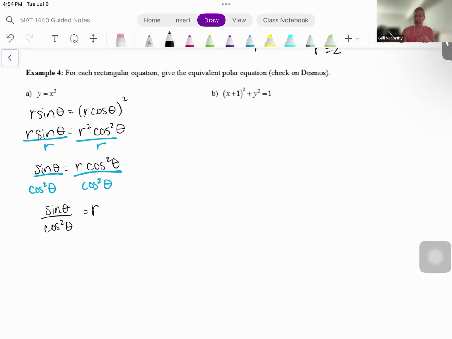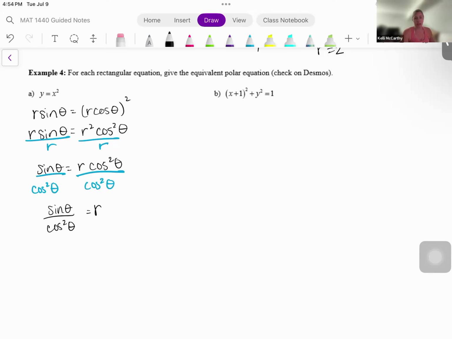And we'll go through the second example before shifting over to Desmos and verifying both of these examples on the graph. Our second example, (x plus 1) squared plus y squared equals 1.